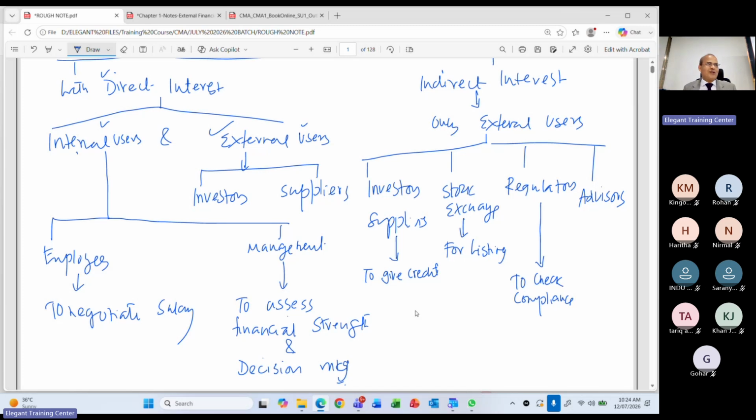Of course, they would like to see your financials. From the financial position and income statement, they can make out whether you are really worthy of getting credit or not. So they want to assess your financial strength. Then only can they feel comfortable in giving you credit facilities. Clear?